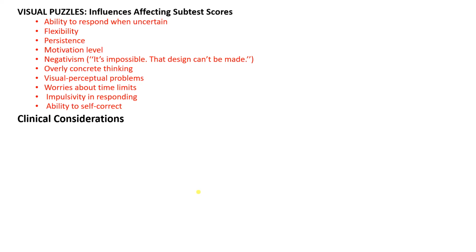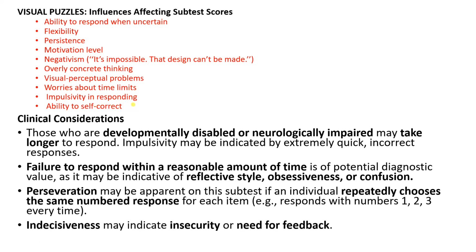The factors that can influence performance on visual puzzles include almost the same factors that I discussed earlier: the ability to respond in uncertainty, flexibility, persistence, overly concrete thinking, visual perceptual problems, worries about time limits, impulsivity in responding, and ability to self-correct. Almost the same factors are there. Therefore, I am not repeating this.